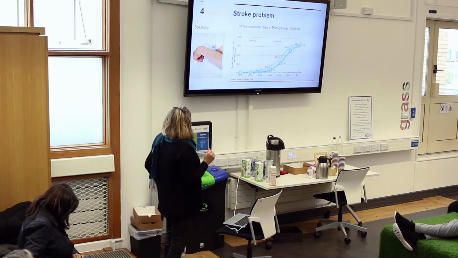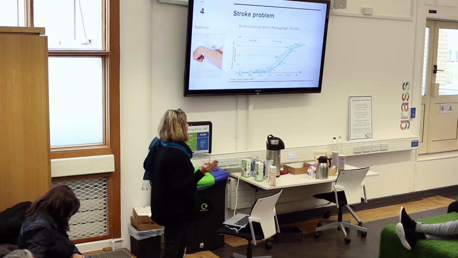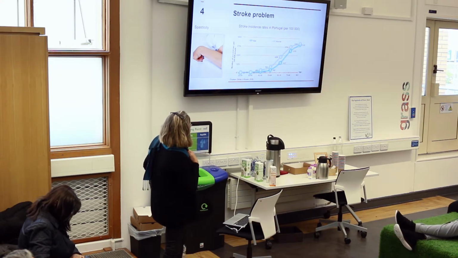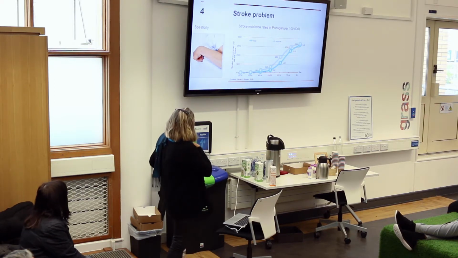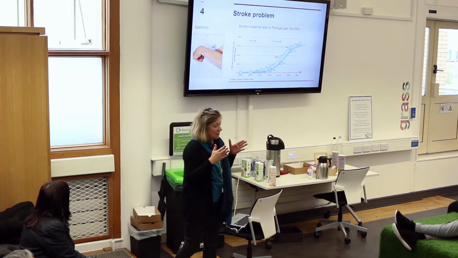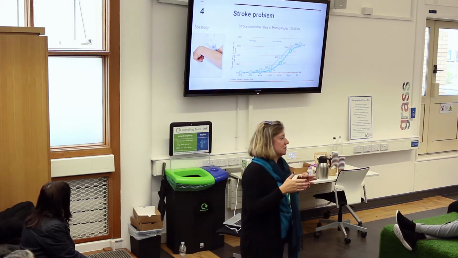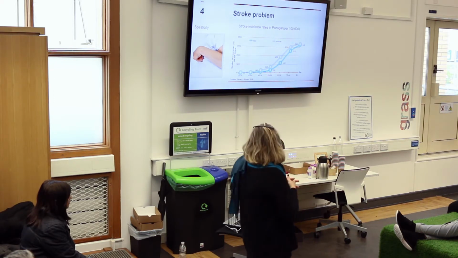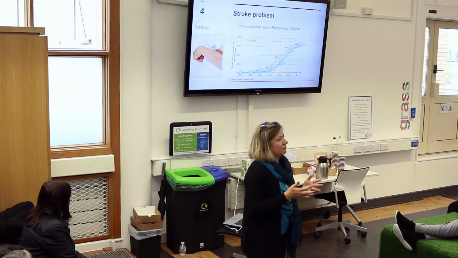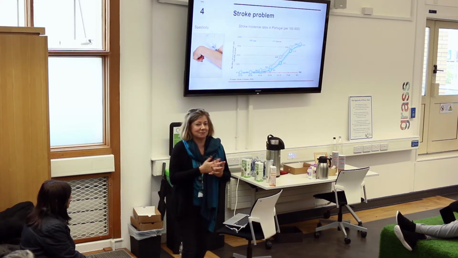We have an increase over the years, and the idea is to see how we can help people with this disorder. A stroke, does everyone know what a stroke is? Yes?